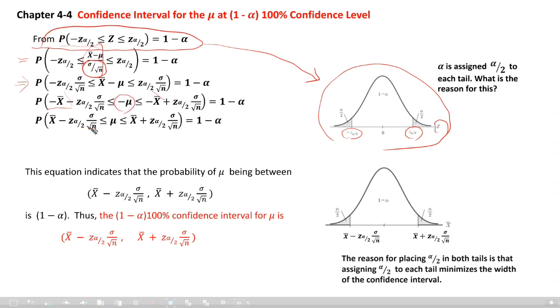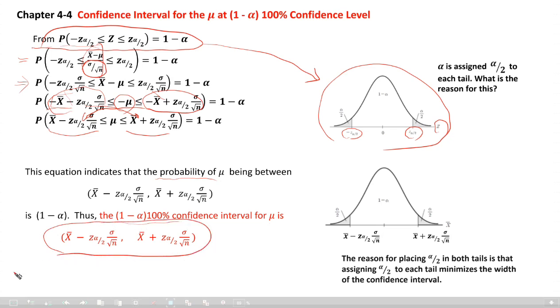Then multiply by minus 1, and the inequalities flip to the left. So what is this? This is the probability of mu being between from here to here is 1 minus alpha. So that is just a confidence interval. So the 1 minus alpha 100% confidence interval for mu is the same thing.